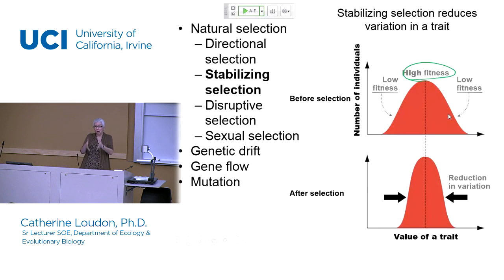After such selection has operated on this population, this tends to squeeze in the distribution pattern as shown here, because the individuals that are either extreme, the particularly low or high values of this particular trait, are less represented or not represented in the subsequent population. So this has the overall effect that there is a reduced variation in this trait.